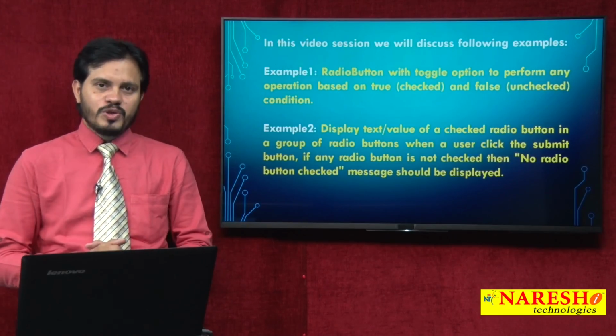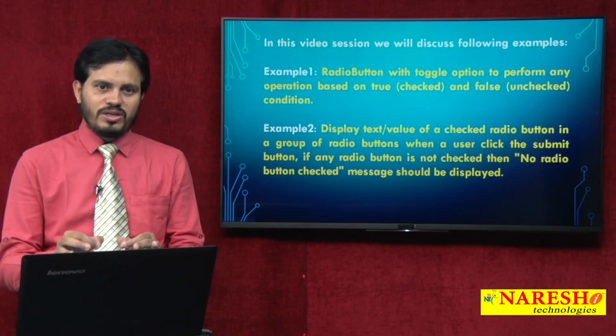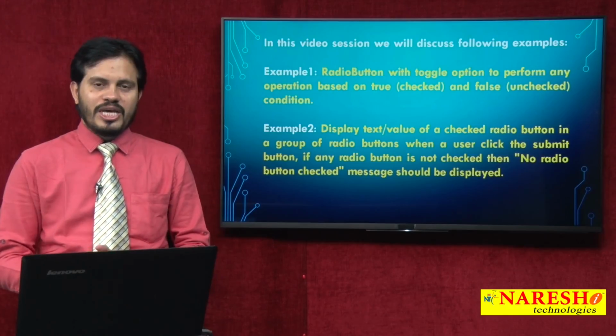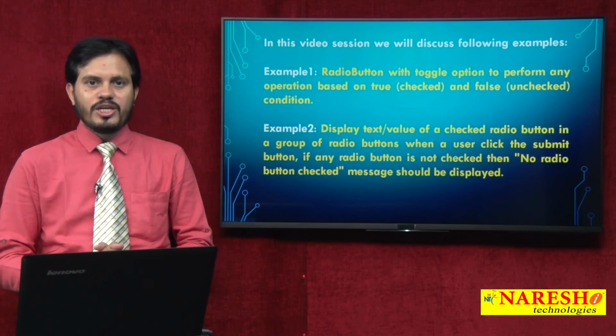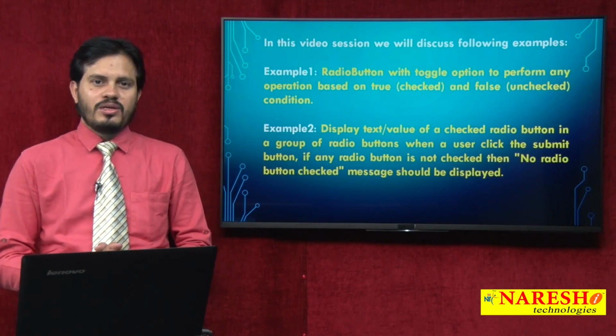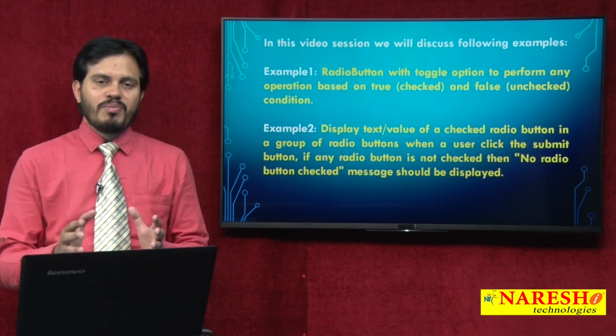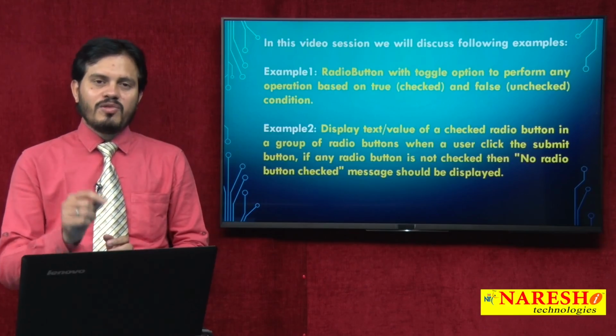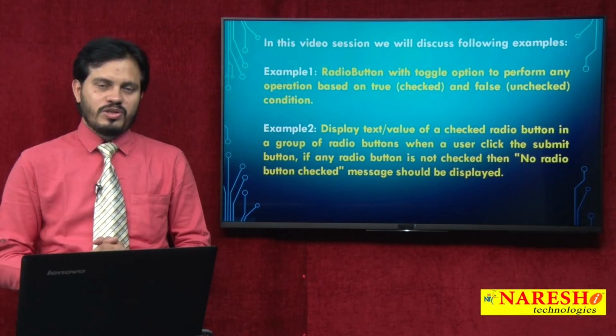And example number 2, which we will discuss in this video session: displaying the text and value of a checked radio button in a group of radio buttons. In our HTML document we may have a group of radio buttons, among which any one can be checked by the user.